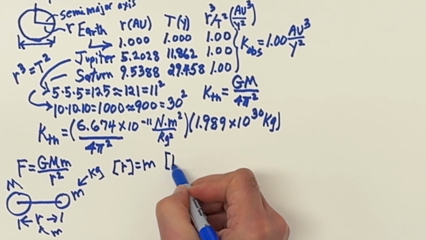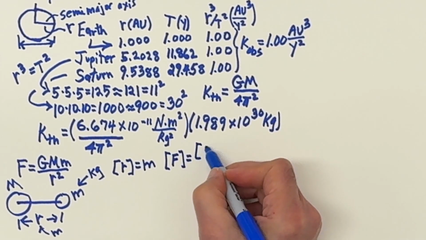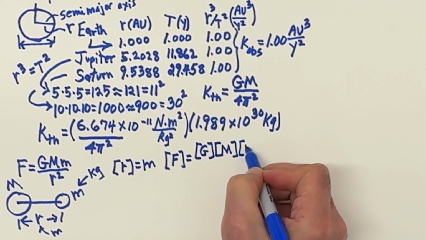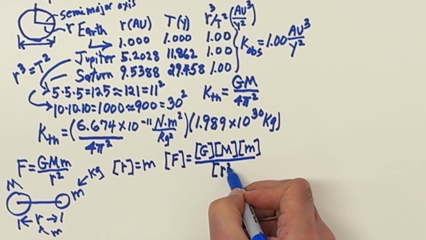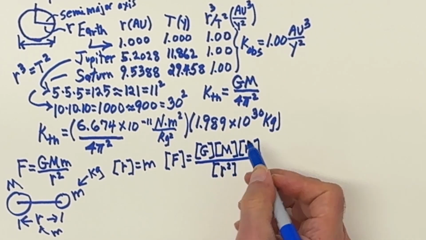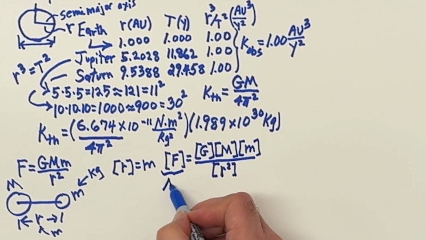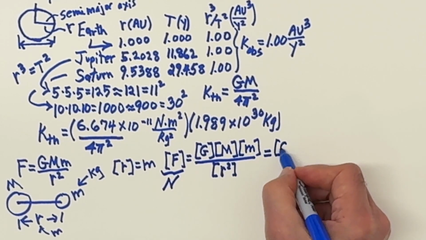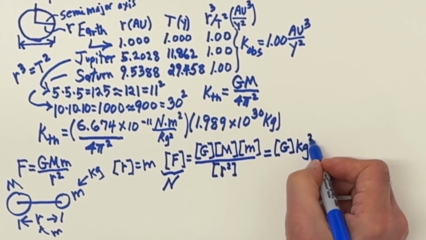And the unit for the force is equal to the unit of G, unit of mass, times unit of mass, over the unit of whatever r squared is. So now if we look at this, we have to get newtons here, N for newtons. And here we're going to have G, and then mass times mass is going to give kilograms squared.